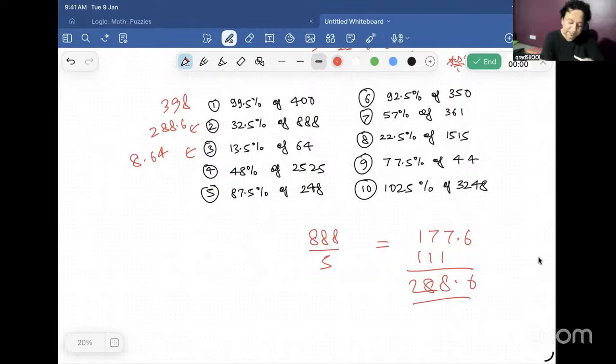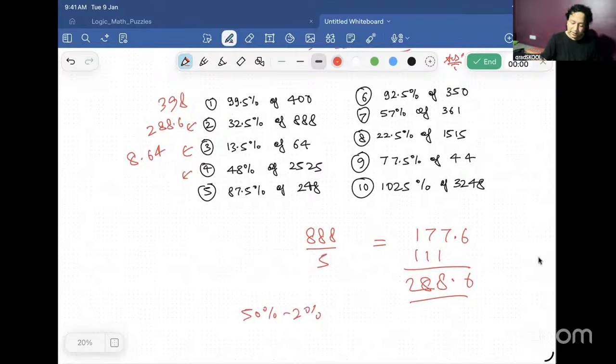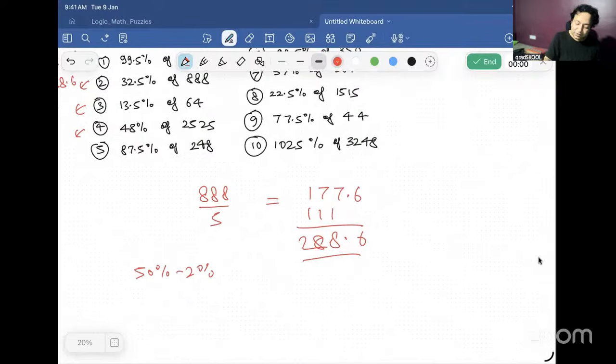48% of 2525. Now here what I'm going to do. There are multiple ways. One is like 50% minus 2%. You can do that. But can we do something else? Yeah, I can write 2525 as 2500 plus 25 and shift the percentage over here and then write 48 over here.